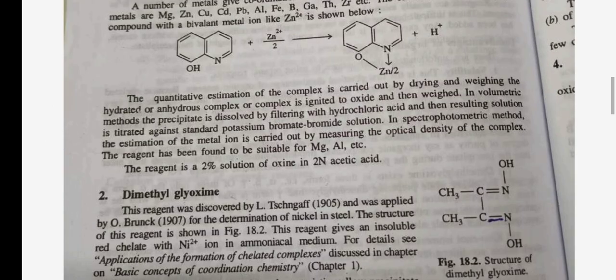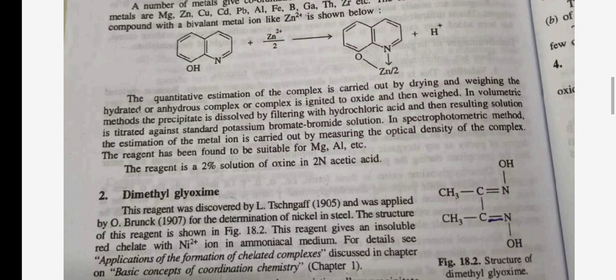The gravimetric estimation of the complex is carried out by drying and weighing the hydrated or anhydrous complex, or the complex is ignited to oxide and then weighed. In the volumetric method, the precipitate is dissolved by heating with hydrochloric acid, and the resulting solution is titrated against standard potassium bromate solution.